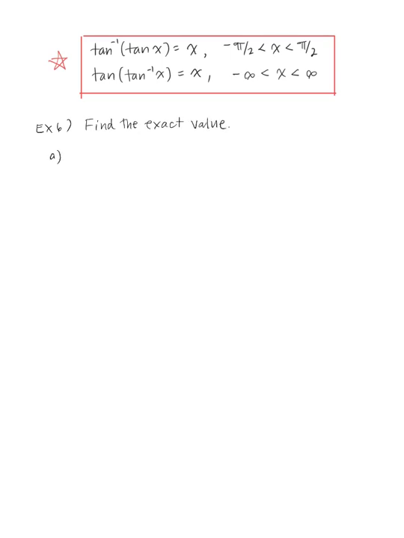Example 6, find the exact value. Let's go with tangent inverse of tan of negative 3 pi over 8. Let's make ourselves a note. Tan inverse of tan of x equals x if x is between negative pi over 2 and pi over 2. So our x is negative 3 pi over 8.